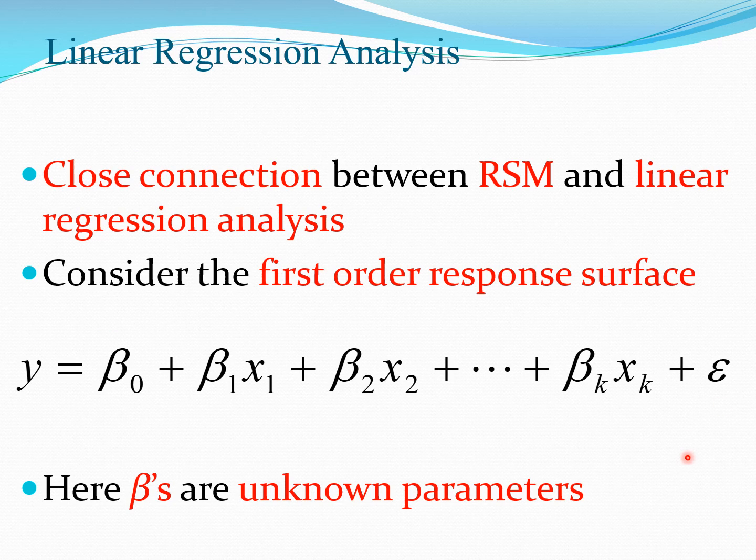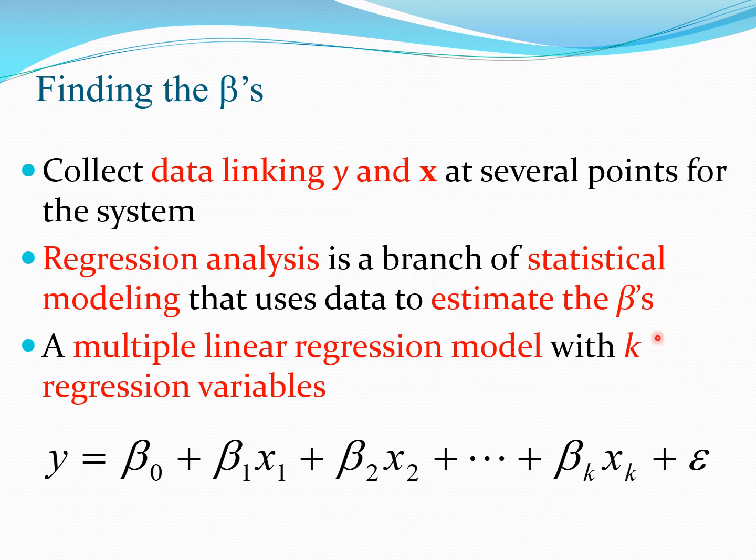Now, how do we find the betas? Actually, there is a close connection between the response surface method and linear regression. So for example, consider this response surface here. Here the betas are the parameters which you do not know and you need to calculate. So essentially what we need to do is generate data linking y and x at several points in the domain.